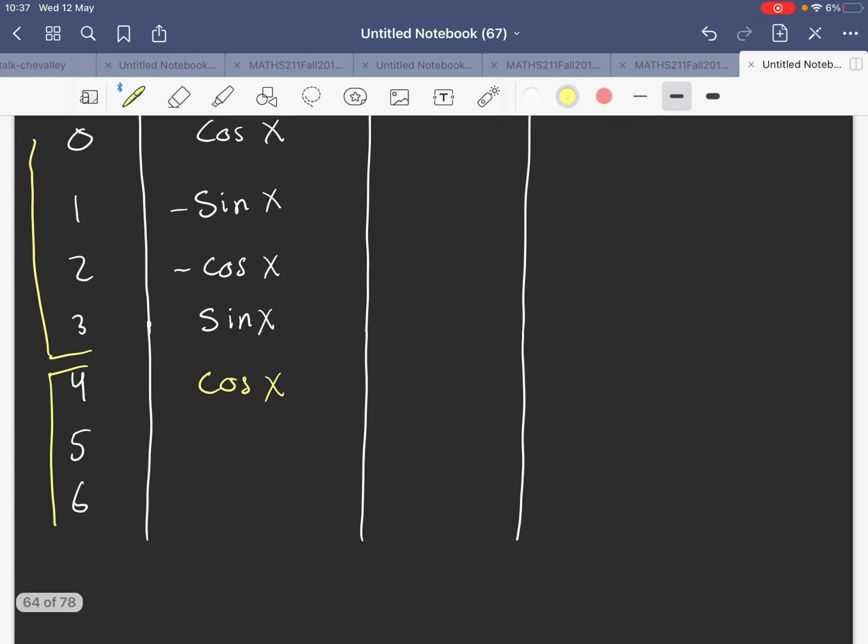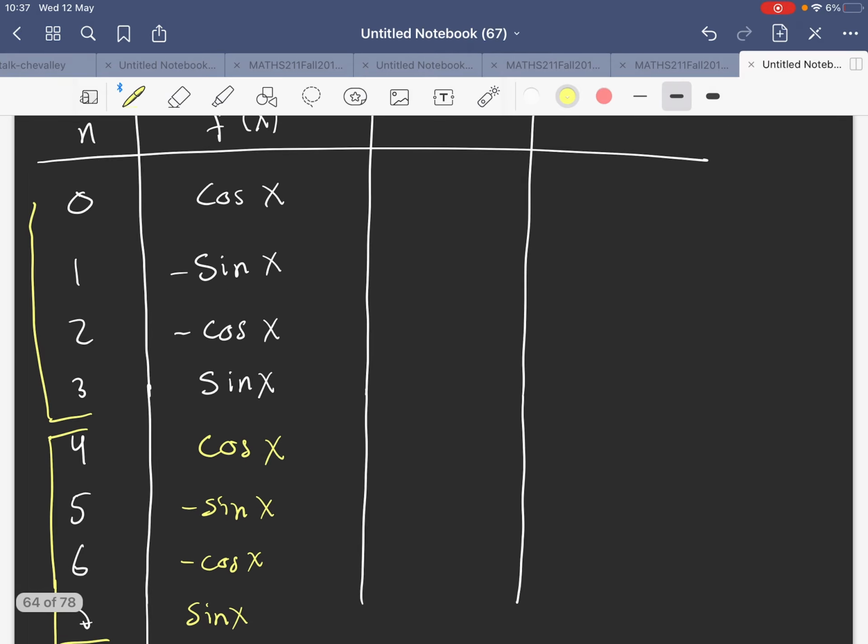So it will just be minus sine x, minus cosine x, sine x, and then I will get back into cosine x. Let me go back to the white color. And so on. So the pattern is easy, we can see it because every 4 steps we go back to what we started with. So let's focus on the first part, and I think the rest will follow.